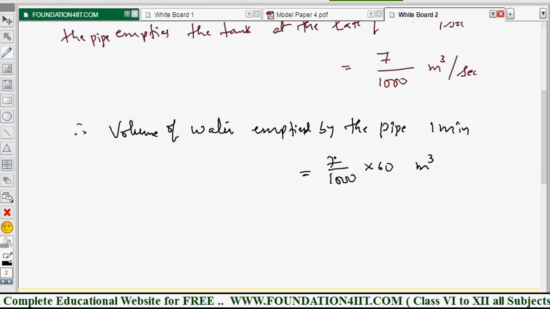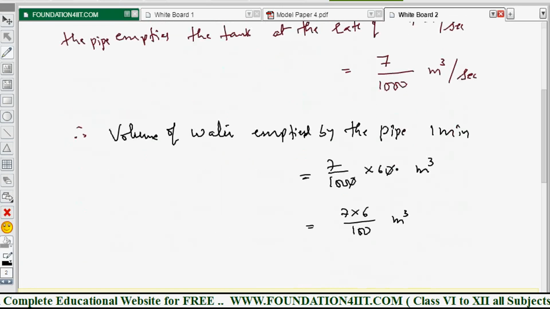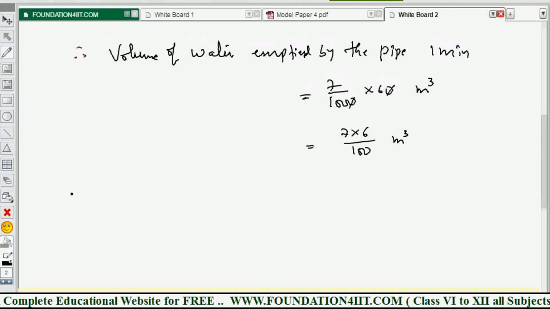If you simplify, the zeros get cancelled, then 7 into 6 by 100 cubic meters. So the volume of the water emptied by the pipe in 1 minute is this. Now the total volume is 2 by 3 pi 7 by 4 whole cube. Now time taken: the volume of the tank divided by the volume of the water emptied in 1 minute. So this is the volume of the water which is there, and this is emptying in 1 minute. Then we can take the time.